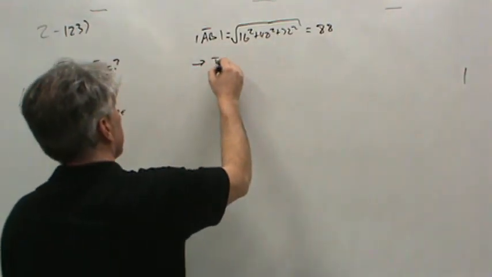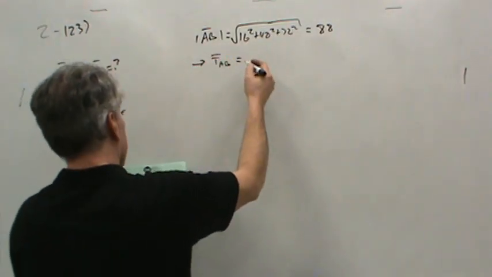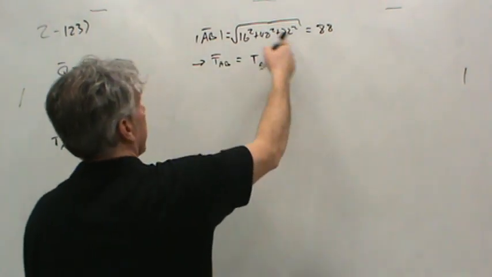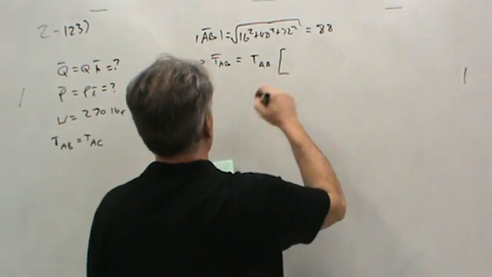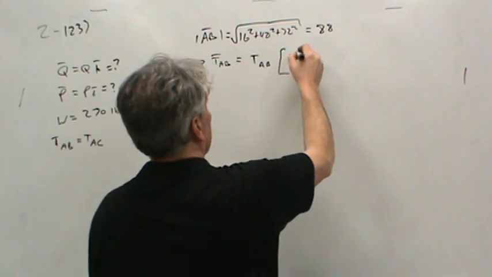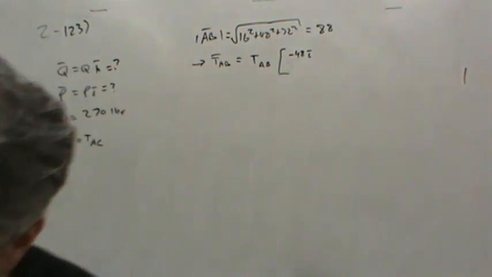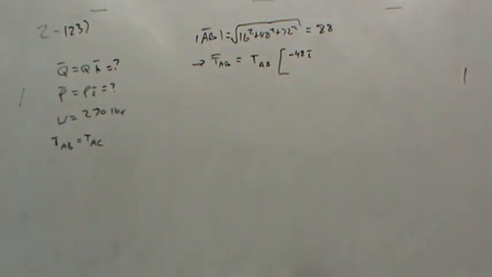That means then that the tension in AB as a vector would be whatever the magnitude of that tension is, multiplied by the direction defined by these numbers. Now the 48 would be a negative 48 in the i direction, because I'm going from A to B, so I had to move in the negative direction.